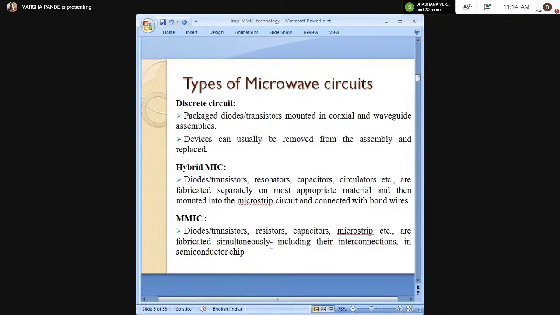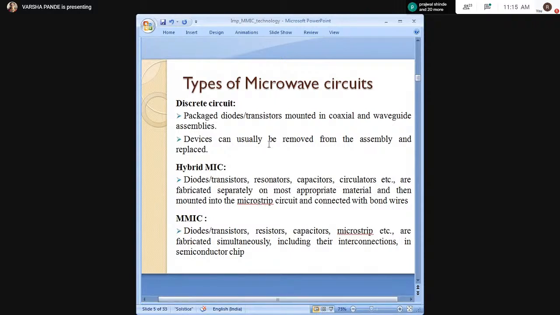Now, last is the monolithic microwave integrated circuits. As the name indicates, if you want to design any circuit, whatever components are required, such as diodes, transistors, resonators, capacitors, microstrip, inductors, resistors, field effect transistors, different types of transistors, all these components are fabricated on a single integrated circuit with very, very small size, with internal connections.